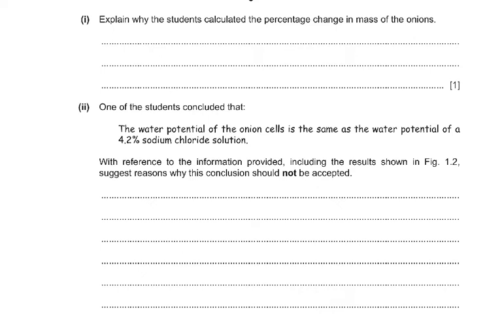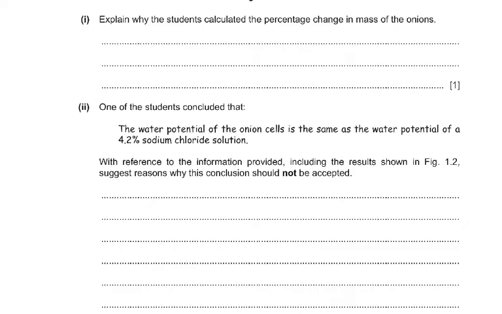So explain why the students calculated the percentage change in mass. You see, this allows a very valid comparison. It's a very valid comparison when you have to compare. If I say I work in 2 schools, school A and school B, and in one school I have 2% A's, and in another school I have 10% A's. But if I say in one school I have 2 students with A's, and in another school I have 5 students with A's, out of how many?